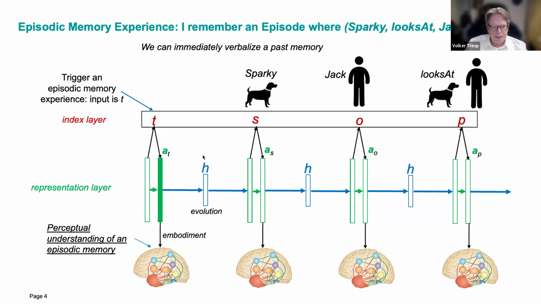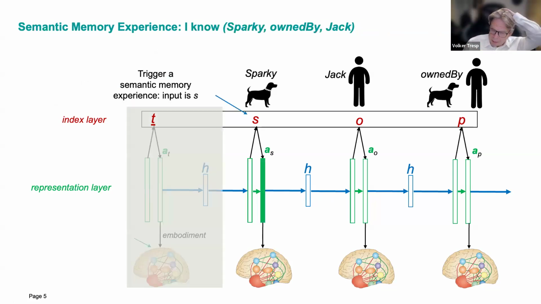So for the same memory, we can detect or decode many triples. Together with this sub-symbolic impression of this memory, we also have the triple expression of what was going on. And semantic memory is very similar, only that we start by activating the subject, for example, in this case, Sparky.